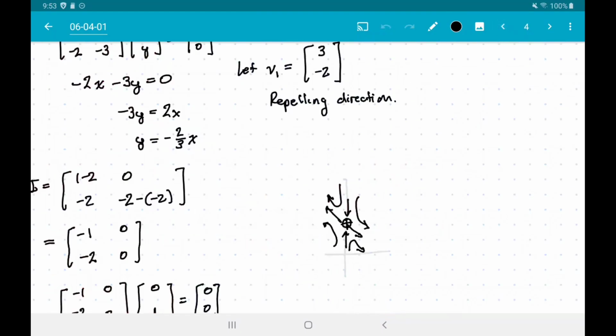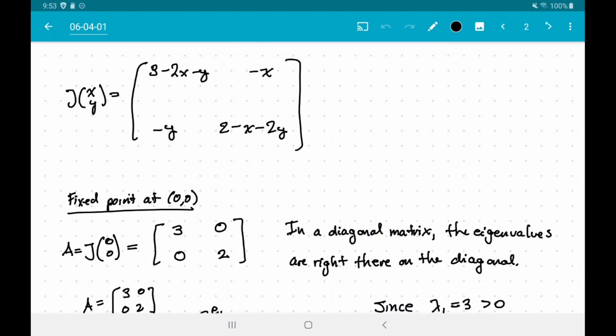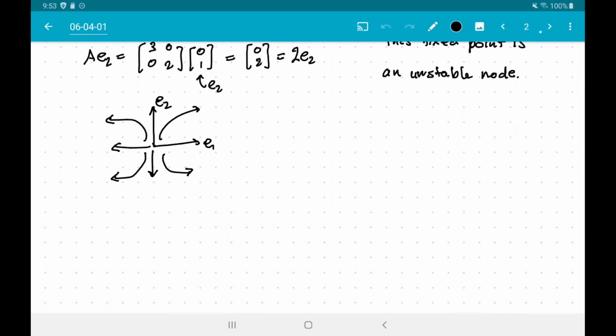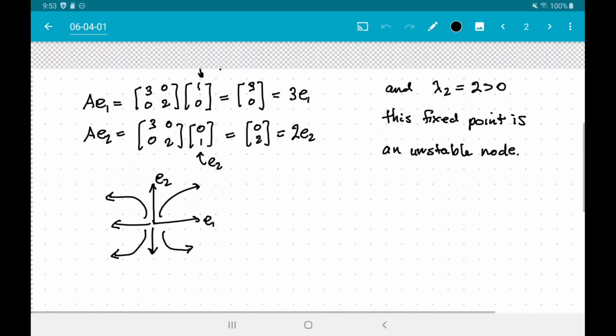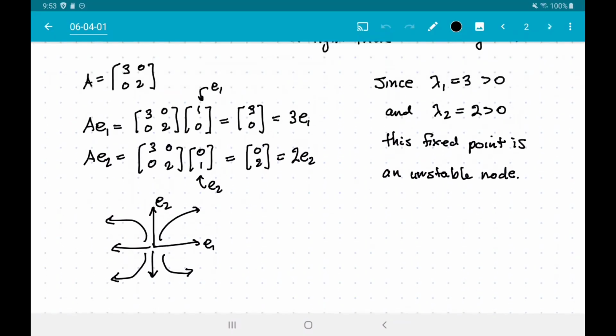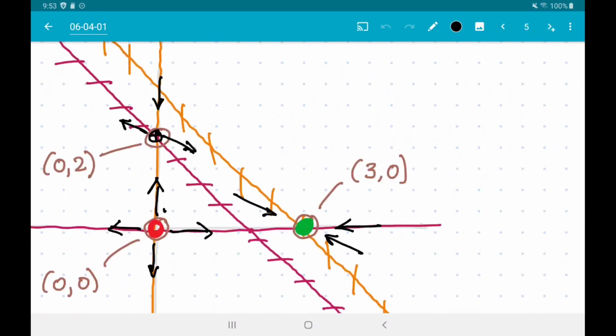And if we go back to here, let's see, what did we figure out? That E1 is growing faster than E2 right here. So we have something like this. We have solutions doing something like this. So that tells us something now about these little arrow fragments that we drew along those null lines.